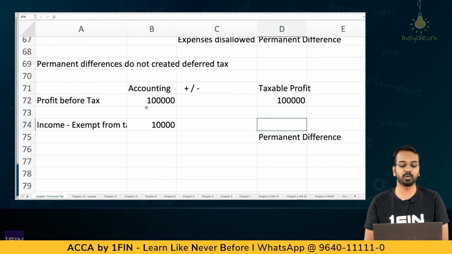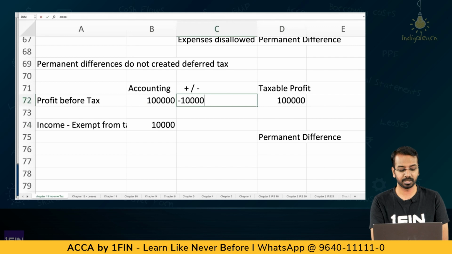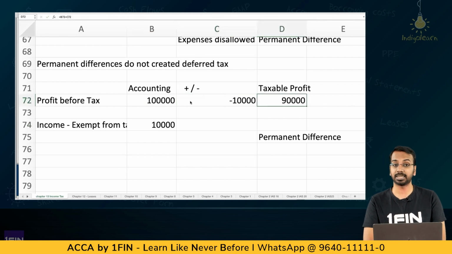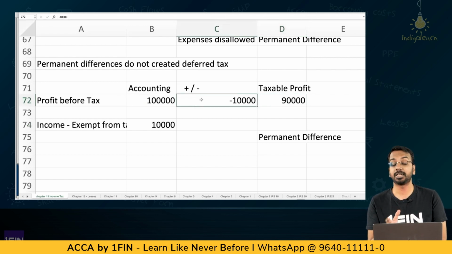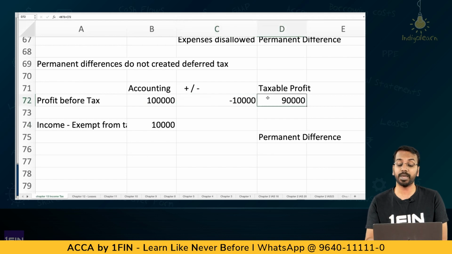Now when you do not pay taxes on 10,000, you will say minus 10,000 and your taxable profit becomes 90,000. Now here, when you pay tax on 90,000, it is of course lower, because 10,000 of profit is not taxable, correct? So when 10,000 of profit is not taxable forever, you have to pay lesser tax.